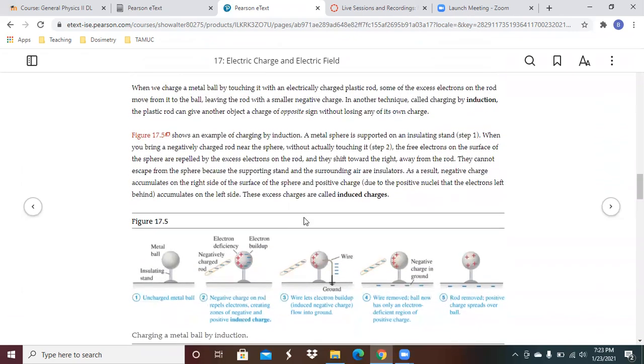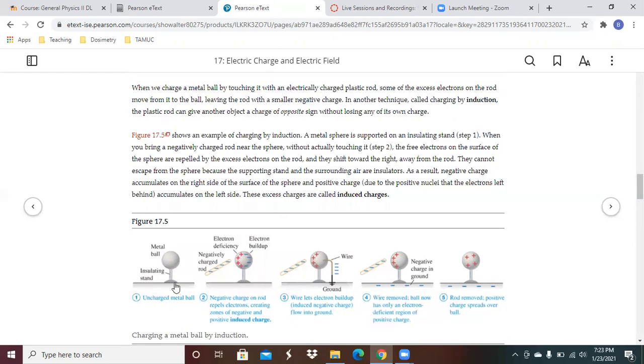Now, induction. Let's take a metal ball like this and put it on an insulating stand so that it's just out there in space and isolated from most of the rest of the environment.